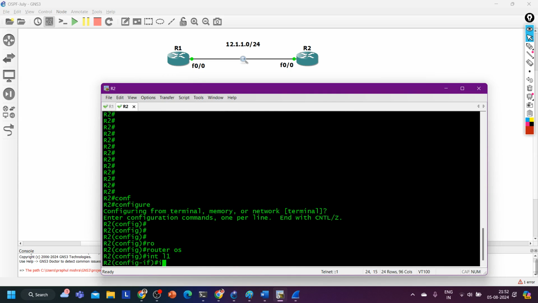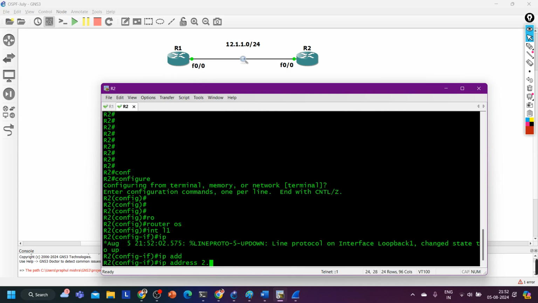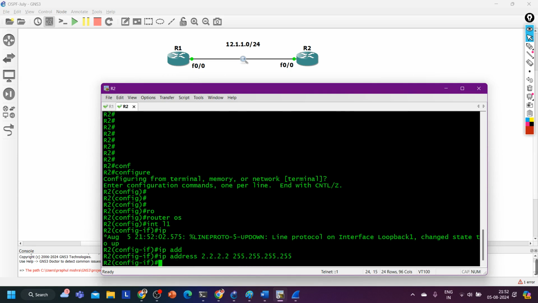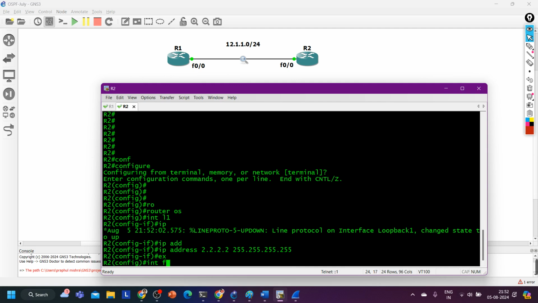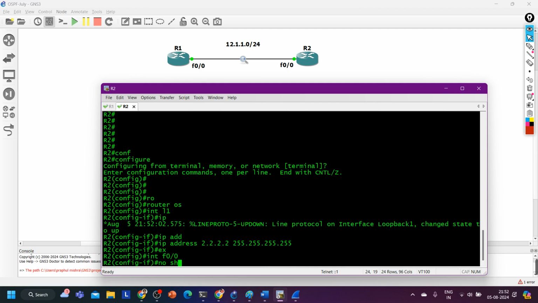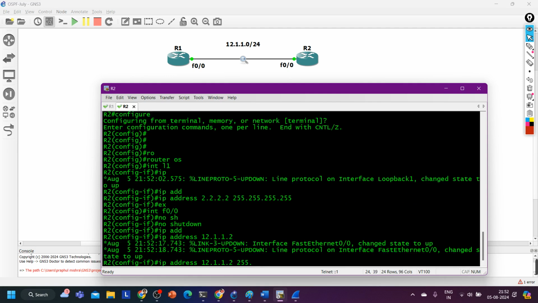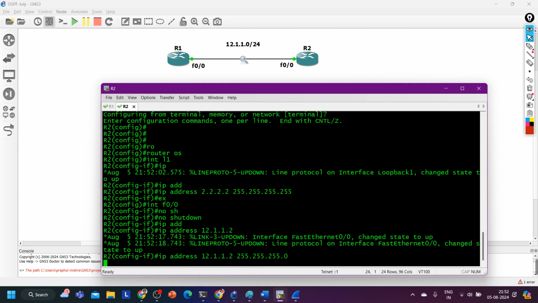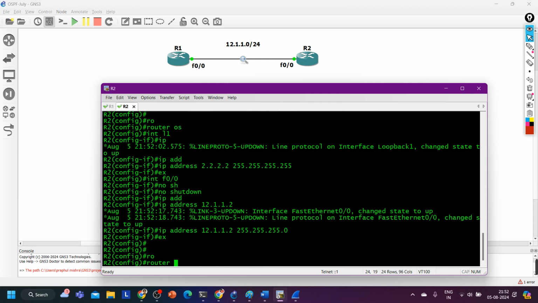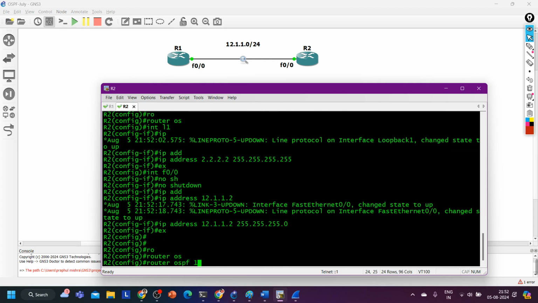Interface loopback 1, IP address 2.2.2.2 255.255.255.255. Then interface F0/0, no shut, IP address 12.1.1.2 255.255.255.0.